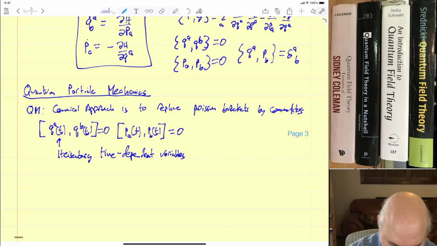And we always impose, let me write down the last commutator, the one that makes a difference.